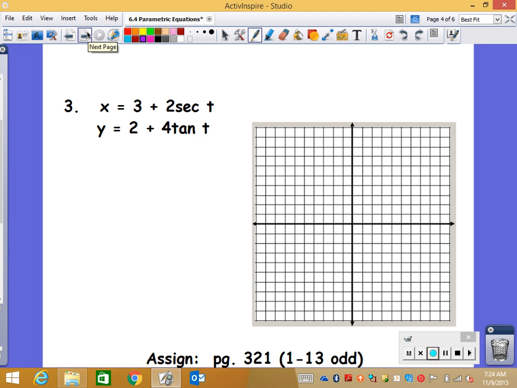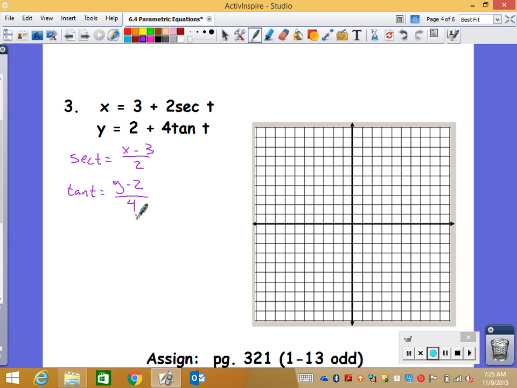The order in which we do things will not change. First, I isolate the trig function. Well, in this case, I get secant of t is equal to (x minus 3) all divided by 2. And I get tangent of t is equal to (y minus 2) all divided by 4.